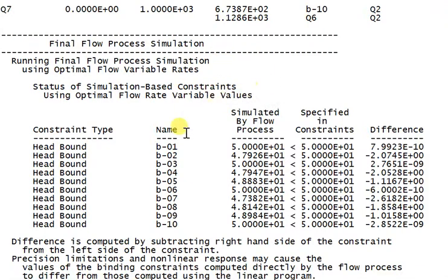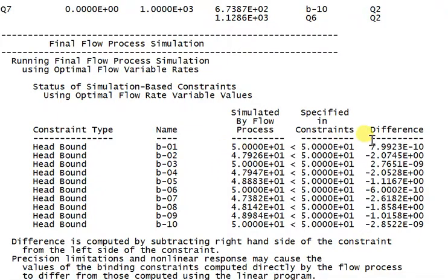So here we have the results of the constraints using the optimal flow rate variables run back through the simulation model. And we find that the simulated head at locations 1, 3, 6, and 10 is in fact 50 and is binding. And in all other locations, the head is less than 50, sometimes several feet less than 50.